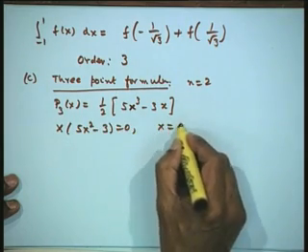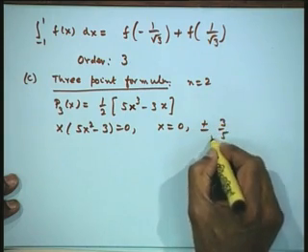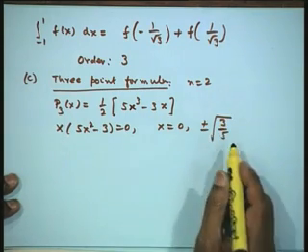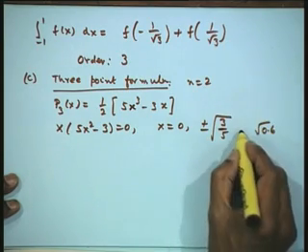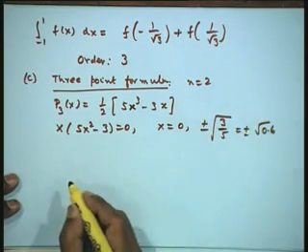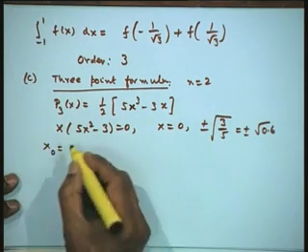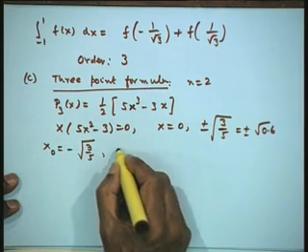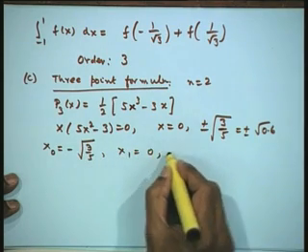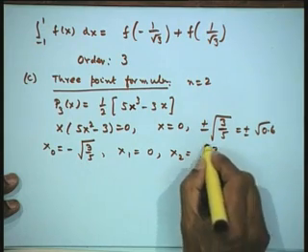Therefore, x is equal to 0 and plus minus under root of 3 by 5, that is under root of 0.6. Therefore, the 3 abscissas are x 0, I will first take the negative value, minus under root of 3 by 5, x 1 as 0, x 2 as plus under root of 3 by 5.